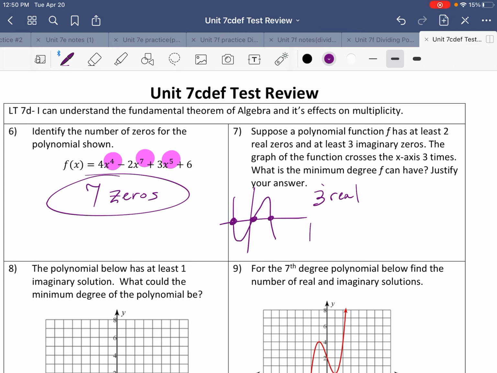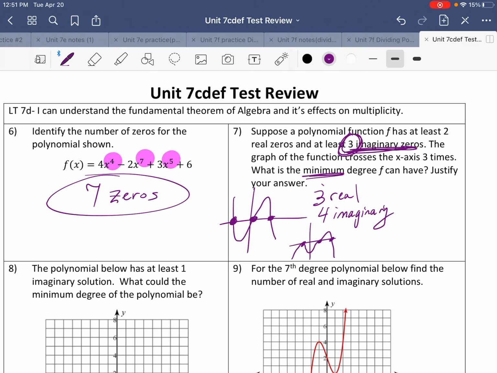It could touch 1, 2, 3, so that would actually be 1, 2, 3, 4, but we want the minimum degree, so we want the smallest. So the smallest would be all single solutions, so 3 real, 3 imaginary. Imaginaries cannot come in odd numbers. It's got to be even, so the smallest even number above 3 would be 4, so it has to be 4 imaginary.